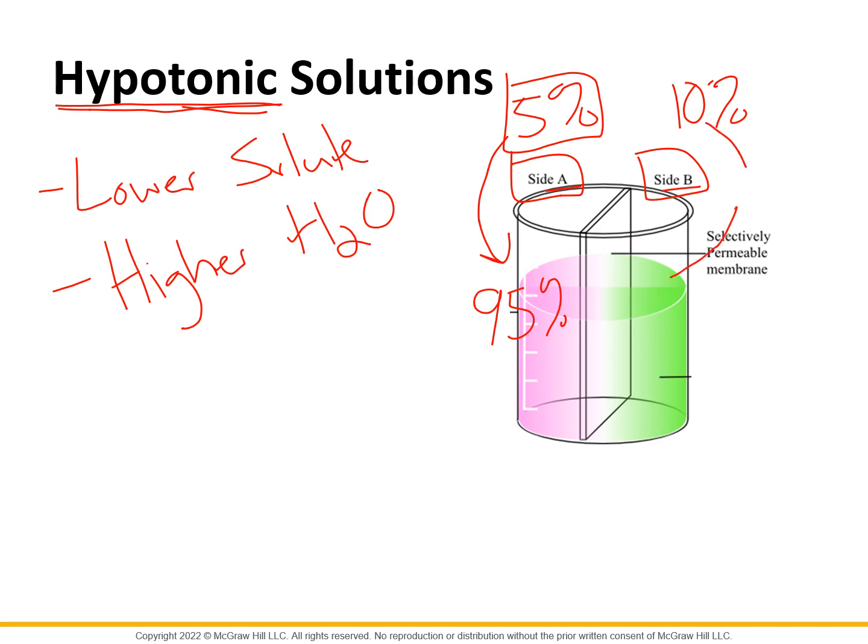And then this solution, if it's 10% solute, sugar, salt, whatever it is, then it's going to be 90% water. So the solution that has the lower concentration of solute is going to have the higher concentration of water, and it will always be that way. So that's the hypotonic solution.